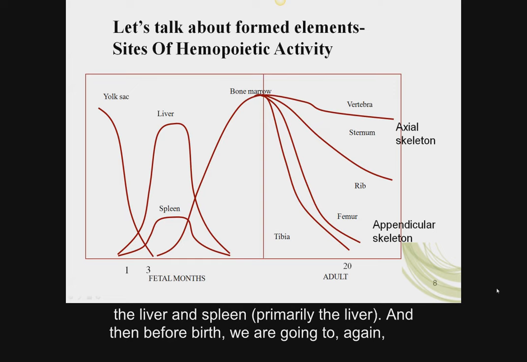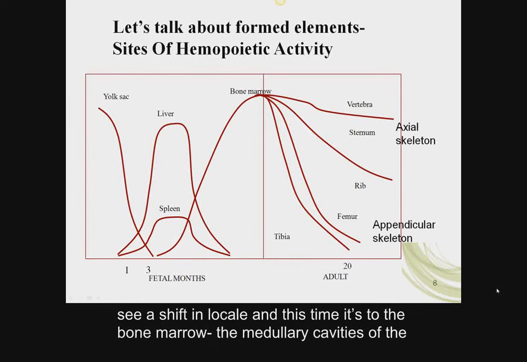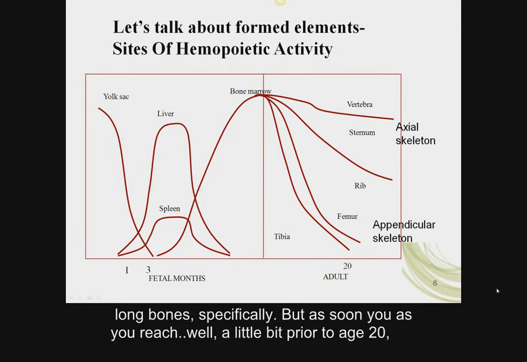Then as the fetal period begins, we see a transition from the yolk sac to the liver and spleen, primarily the liver. Then before birth, we again see a shift in locale, this time to the bone marrow, the medullary cavities of the long bones specifically.